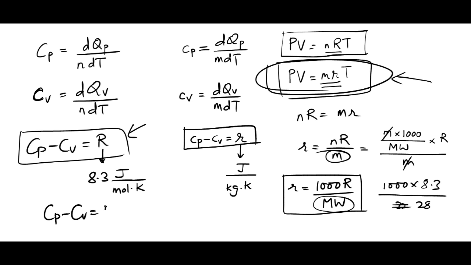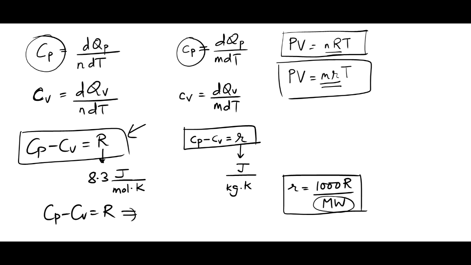Cp minus Cv is equal to capital R. And now in place of Cp, I'm going to write the corresponding expression which contains small Cp. So there is a relationship between this Cp and this Cp. Just divide one by the other and you'll easily get the relation. So I think I'll just write it over here.